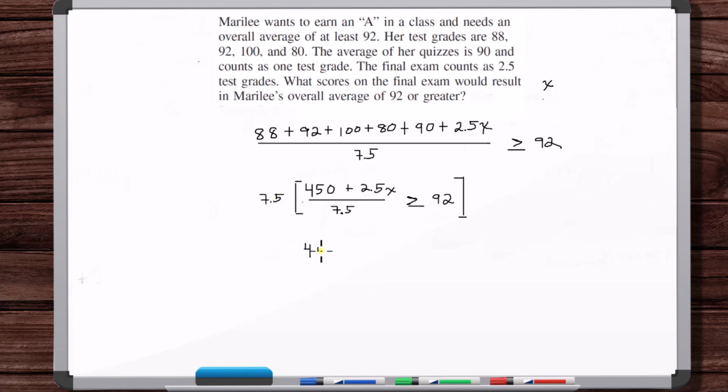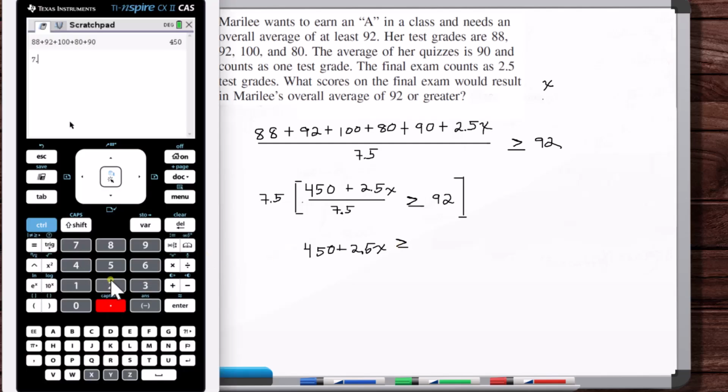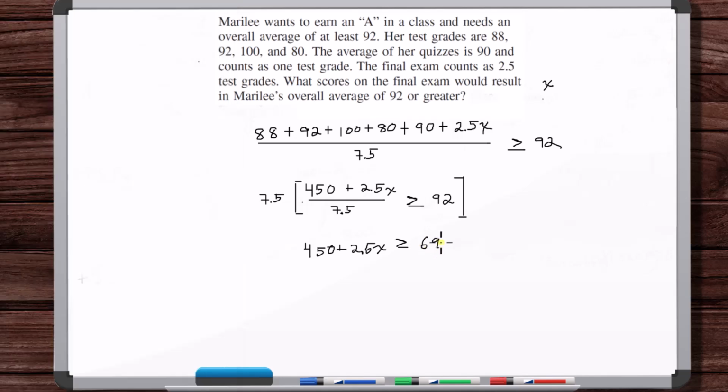So 92 times 7.5 is 690. Okay, subtract 450 from both sides.